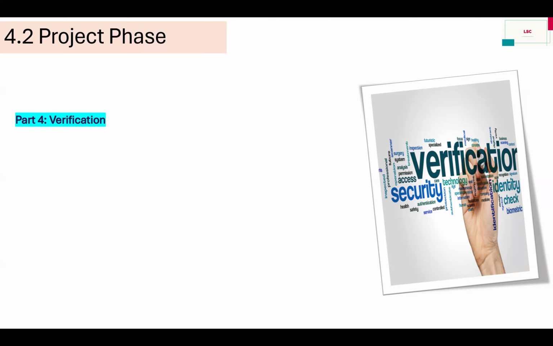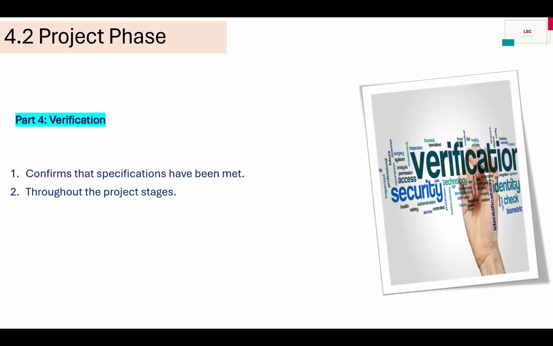Testing means we can identify the defects and confirm that the specification has been met. Second, this verification has to be done throughout our project stage. As much as we verify and test, we gain confidence, and our confidence level will be high for that particular application.